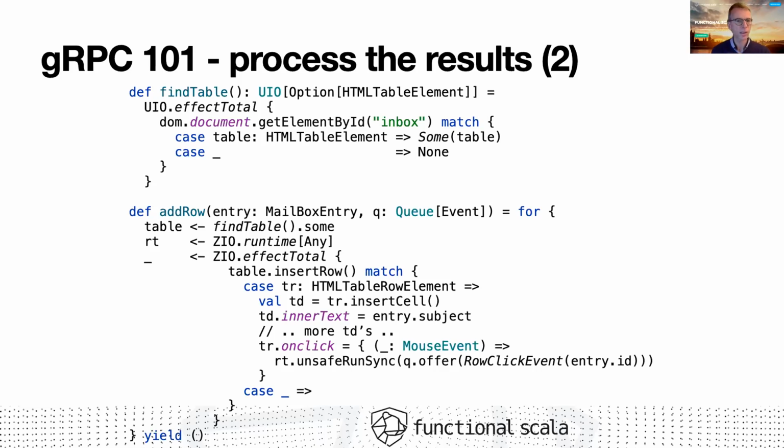So I add an on-click handler to the table row that we create. And instead of directly fetching the message at that point, what happens there is I offer a new event to the queue that I created before. And this is a row-click event with the ID of the message, such that somebody who is listening to this event knows which message to fetch.